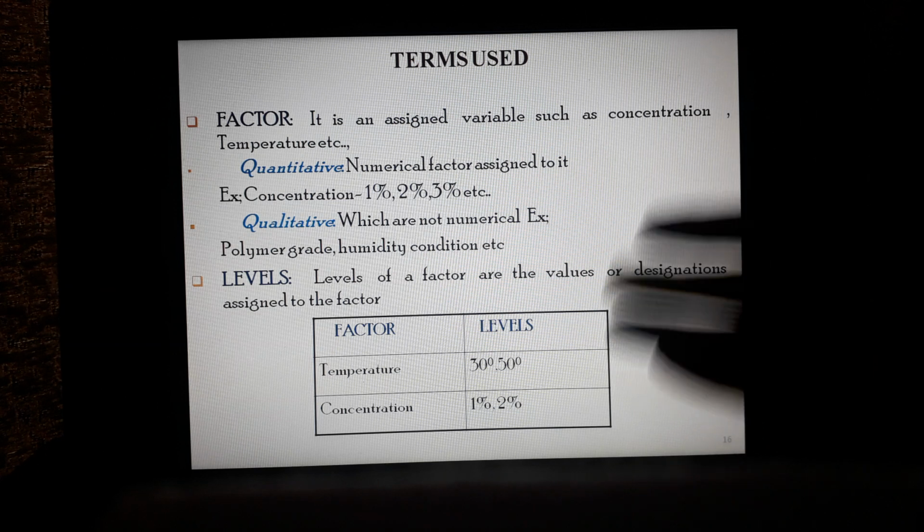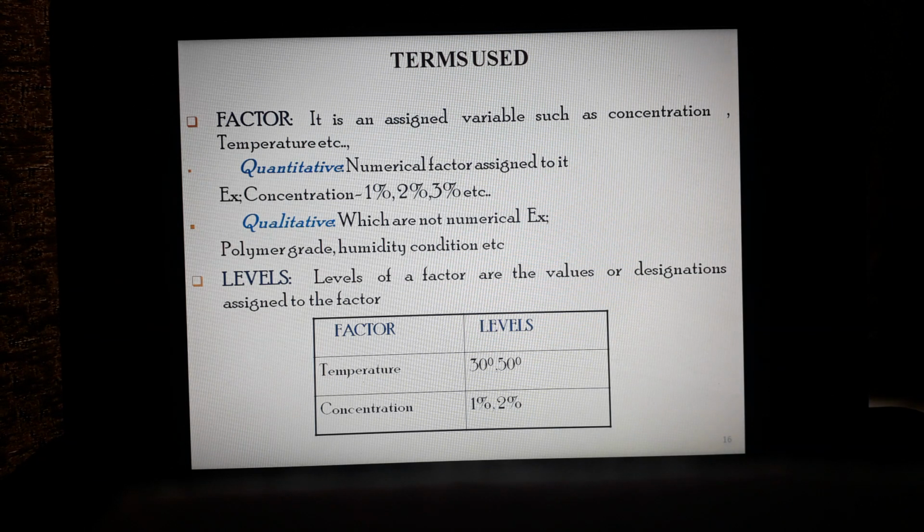When we talk regarding the levels, say for example 2 by 3, here the 2 by 3 is nothing but a 2 raised to 3 factorial design. It consists of 2, which is nothing but your level, and 3, which is nothing but your factor. So if two levels are there, the low level and the high level, low is expressed in terms of minus 1, and high is expressed in terms of +1.